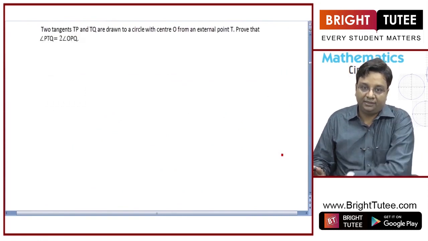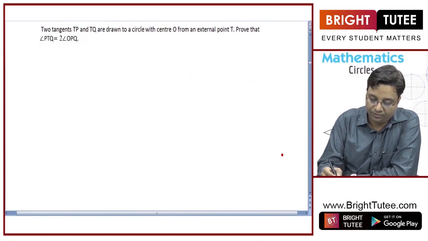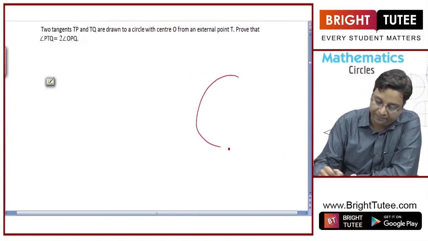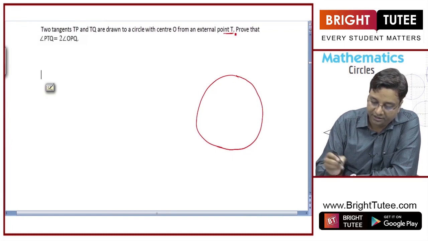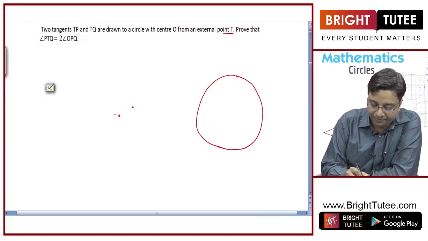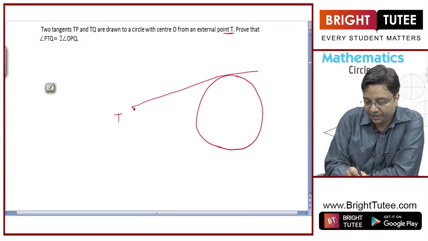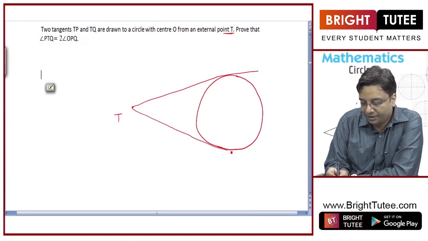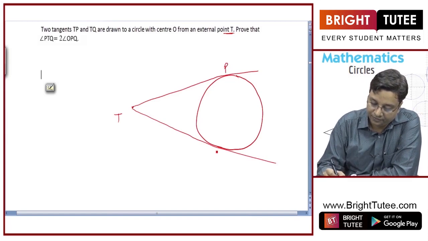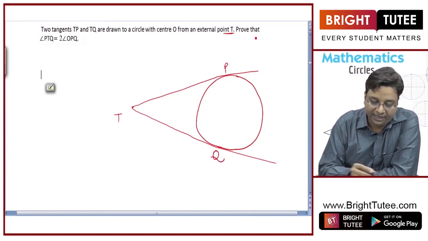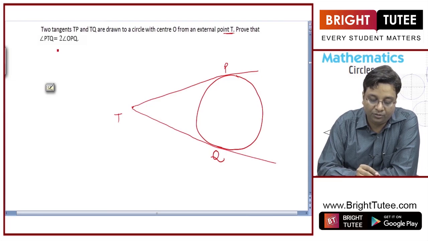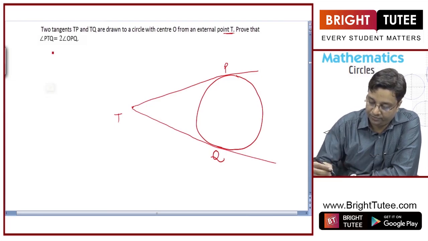Now there are two tangents, TP and TQ, and this is an external point T. Let us draw two tangents here, TP and TQ. Prove that angle PTQ is equal to twice of angle OPQ.